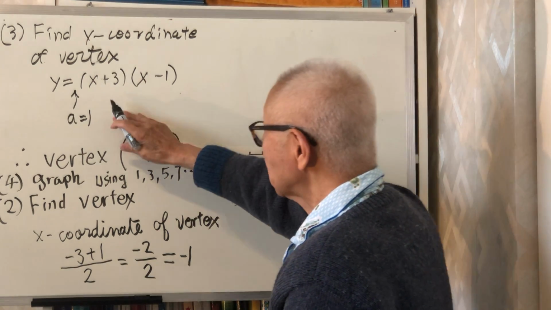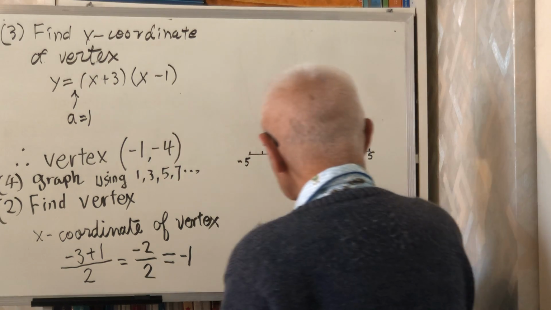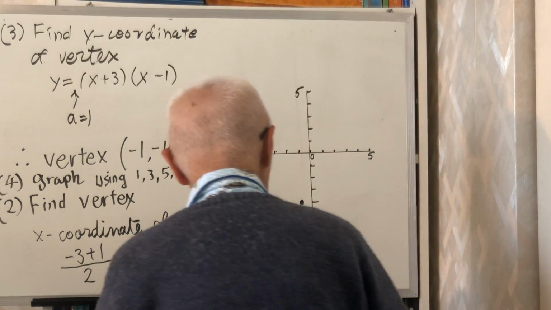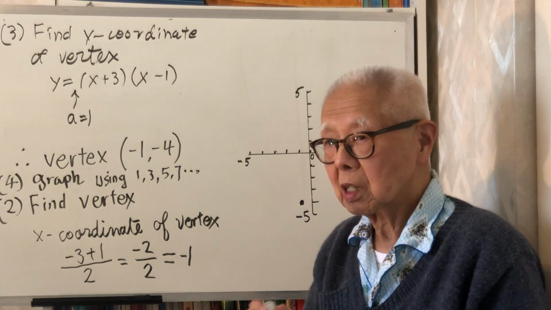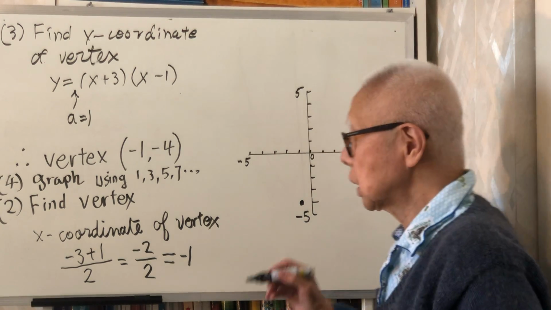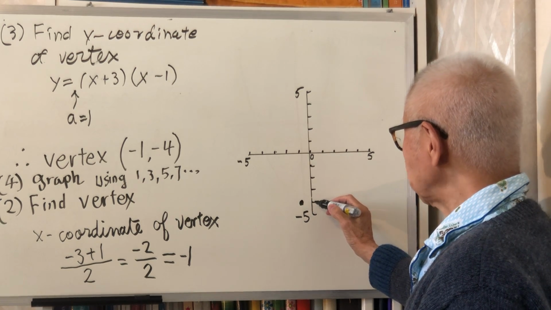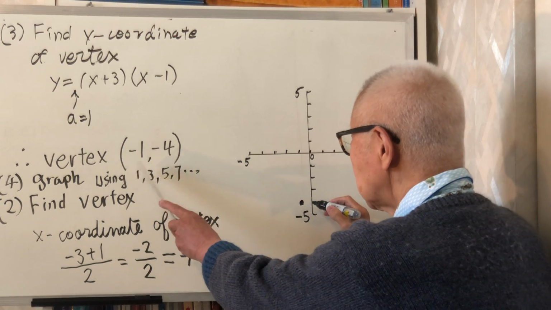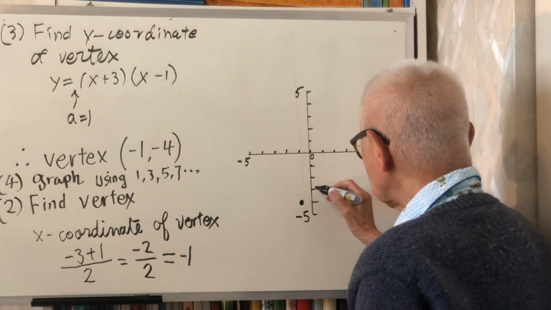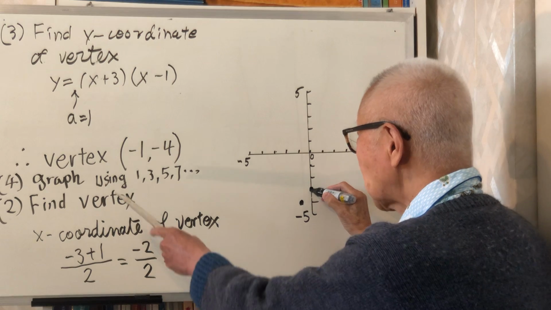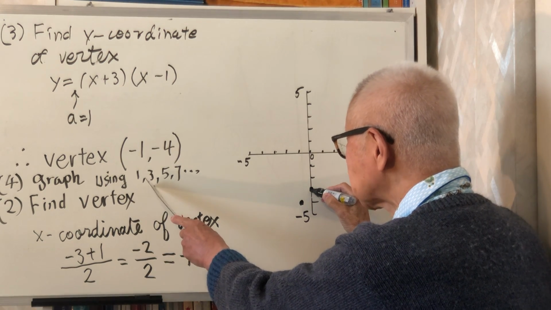So let's do a equals 1. Let's graph it. So I go to the right. So this one step to the right and one step up.